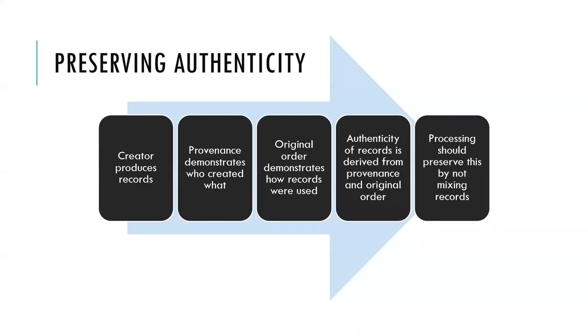So if I have a set of records, and there is another set of records related to other staff or faculty in the School of Information Studies, provenance would say that my records should be separate from these other records, even though they might have things in common.